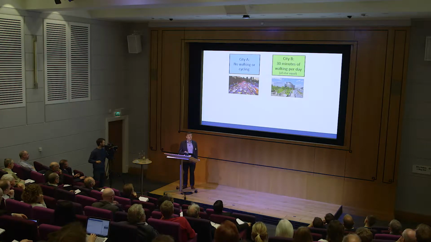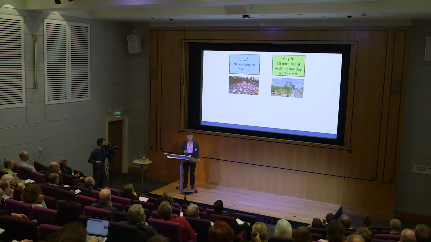And we compare it to city B, which is identical in all other aspects, with the one difference that the population of that city walks for 30 minutes every day. Now, we take a mortality rate, and this is a sort of Scottish figure. It's a bit higher than the English figure, but very roughly 880 annual deaths, or a mortality rate of 880 per 100,000 people in the city where there's no walking.